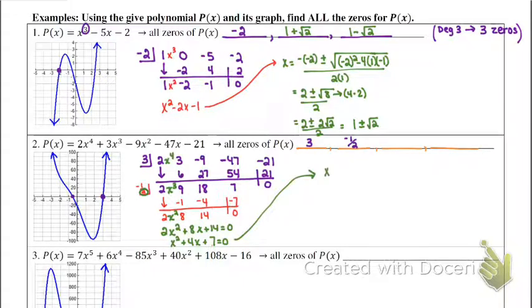So it's x equals -4 plus or minus the square root of 4 squared minus 4 times 1 times 7, all over 2 times 1. And now I'll simplify. So I get -4 plus or minus the square root of -12 all over 2.